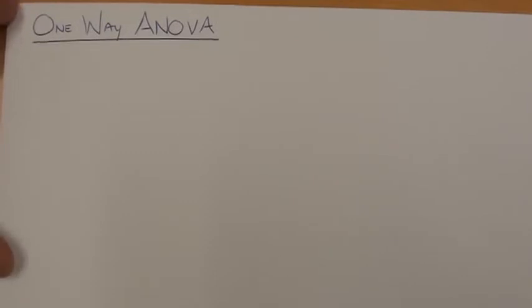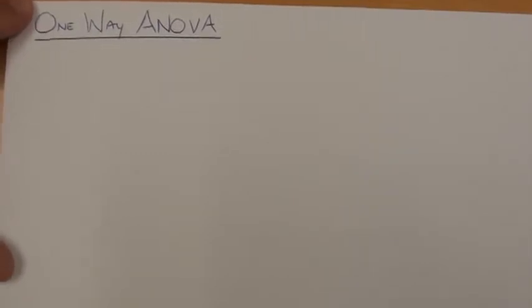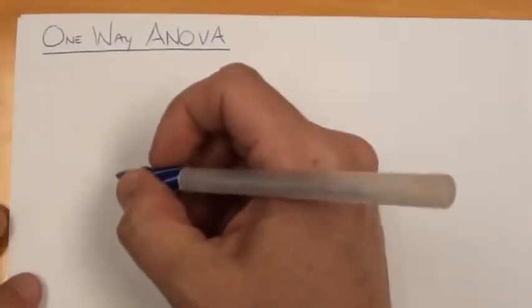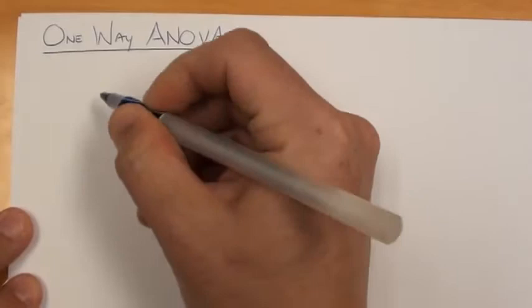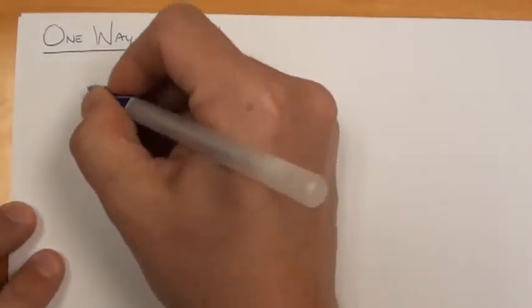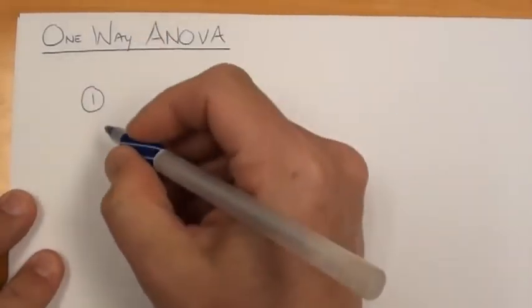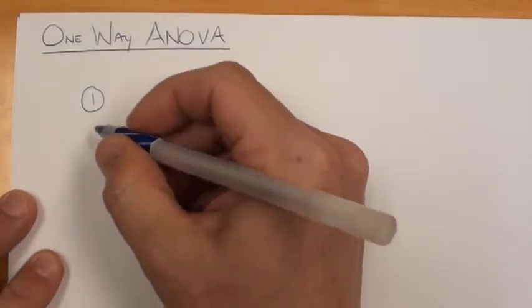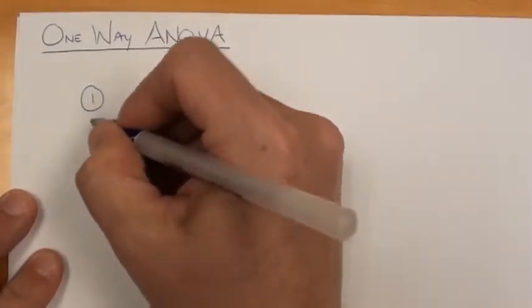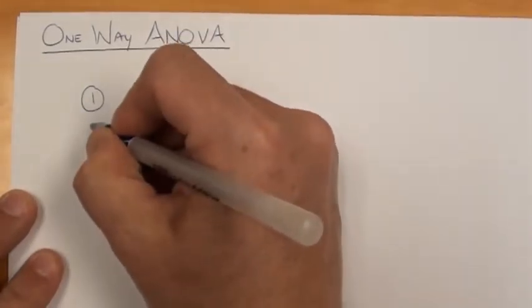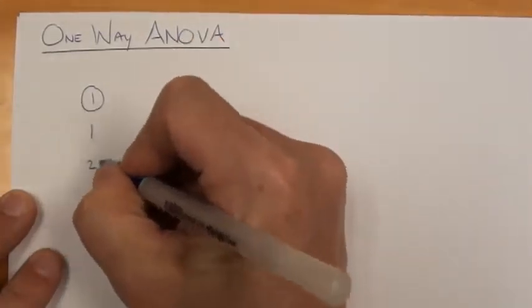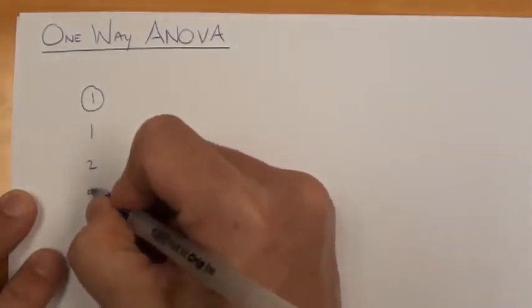And to start, just to give us some basic data to work with, let's say that we have one group, and let's say we have 3 scores within each group, just to be general about it. 1, 2, and 5.